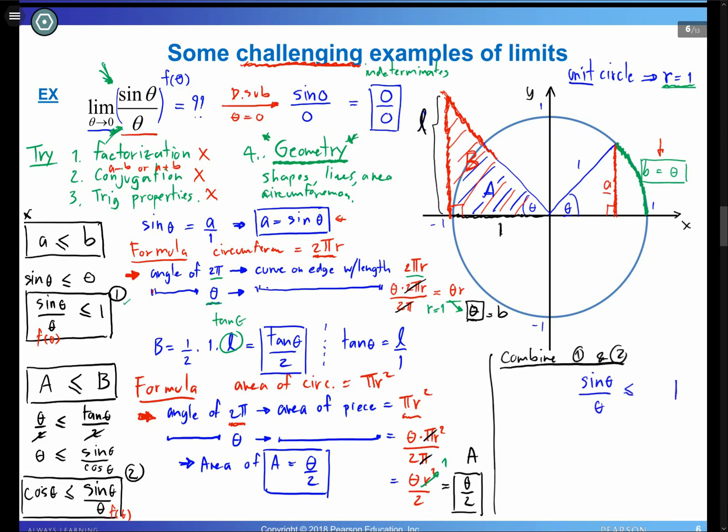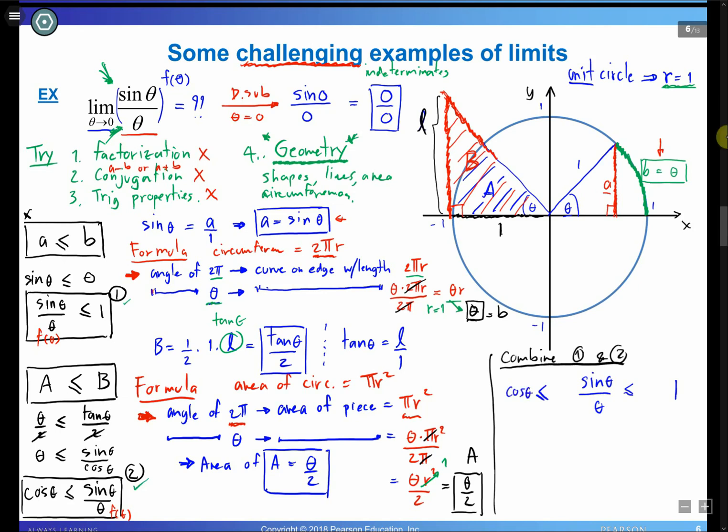And from condition number 2, on the bottom left, sine theta over theta has to be greater than or equal to cosine theta.